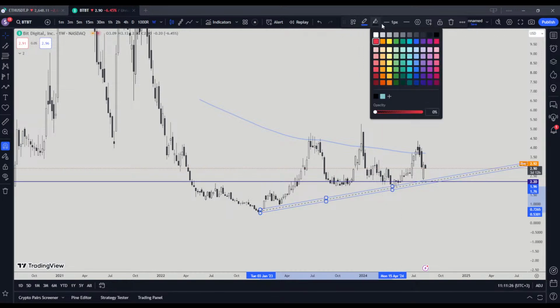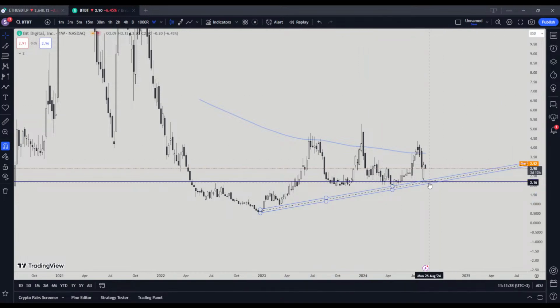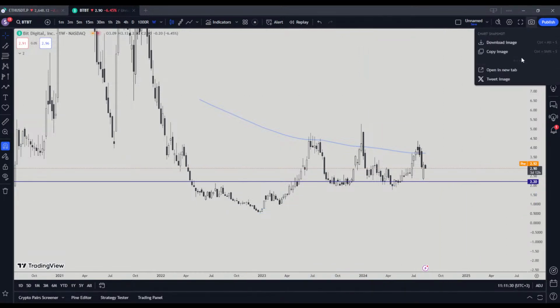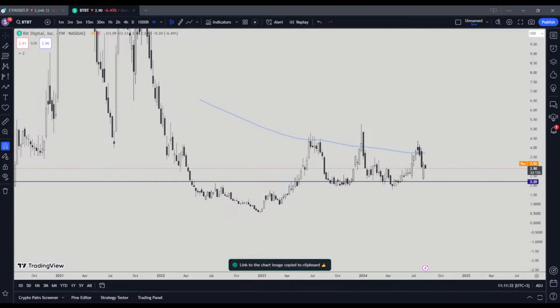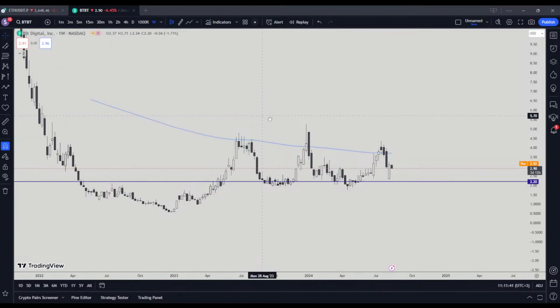So you can look for an entry around here at 2.2. We should see a retest of that lower area. I think that's it regarding stocks. Yeah.